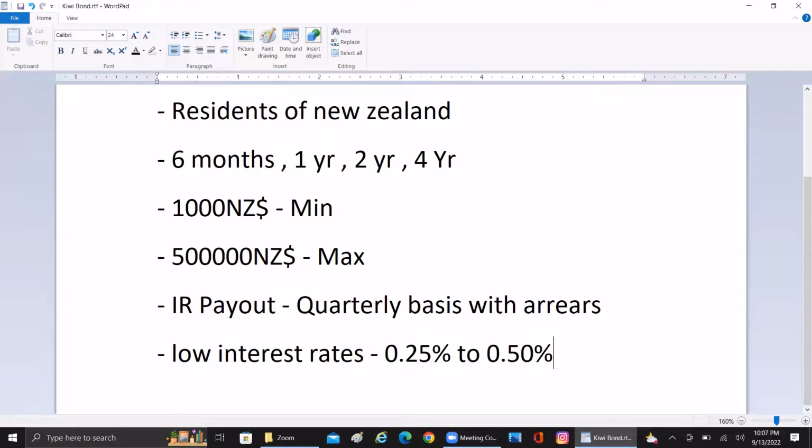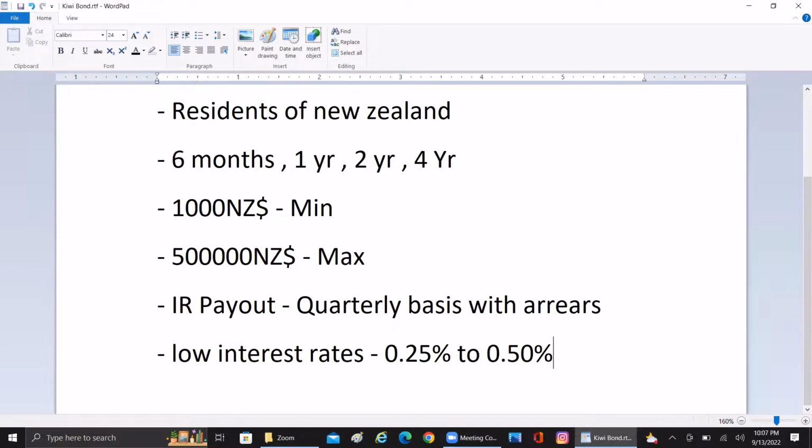They can reach any financial institution or domestic bank approved by the New Zealand government, which can directly provide the public with these Kiwi bonds. That is one more special thing about Kiwi bonds.